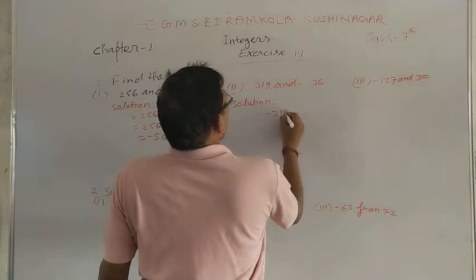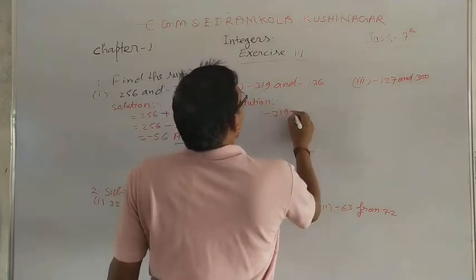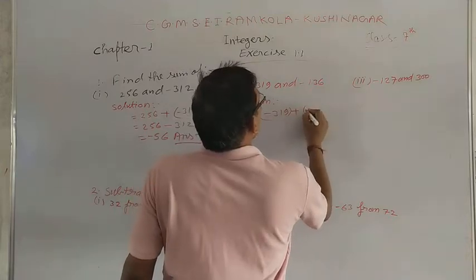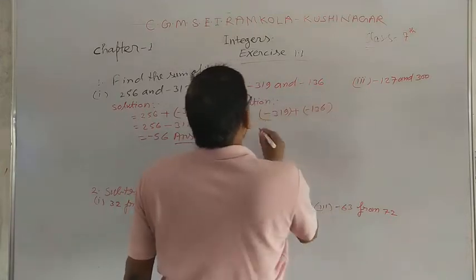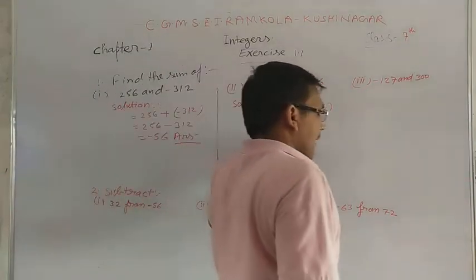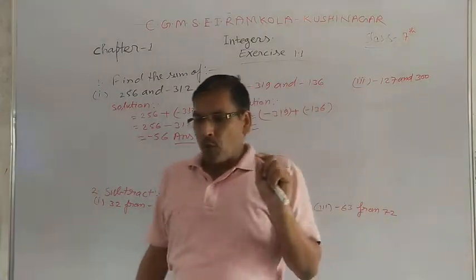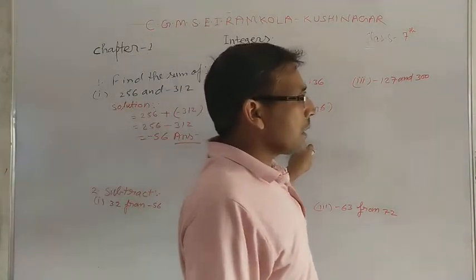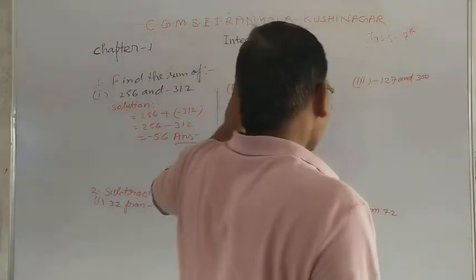Minus 319 plus minus 136. Here both the integers are the same sign. When in any question both the integers are the same sign, this type of solution is always in addition mode.